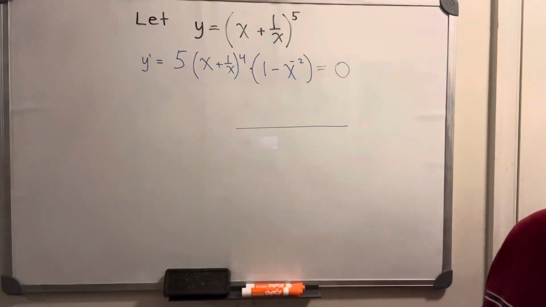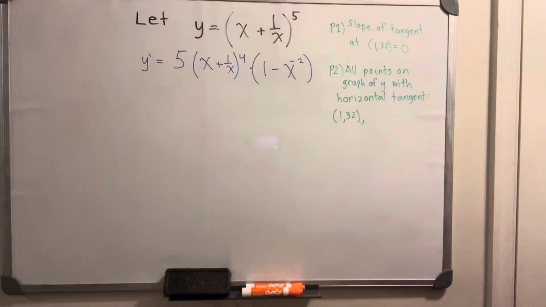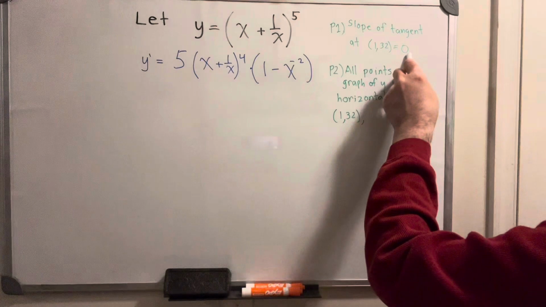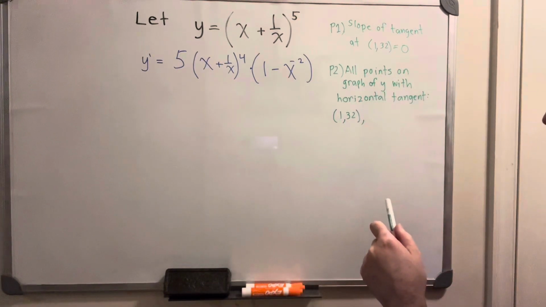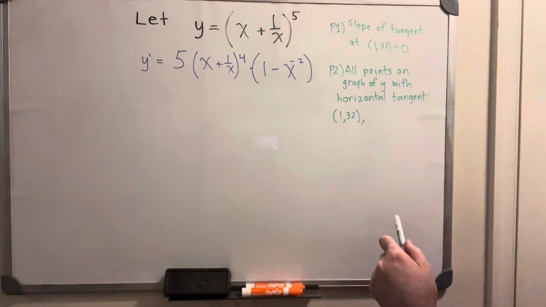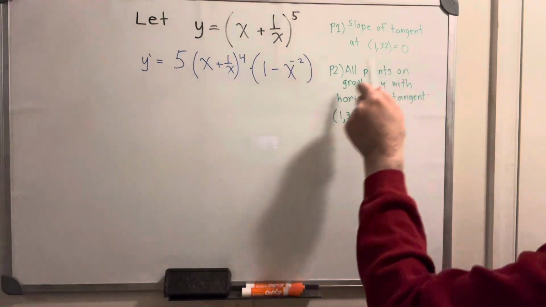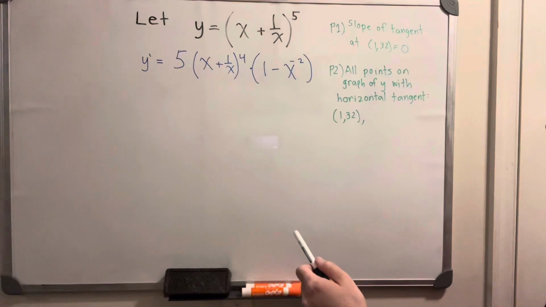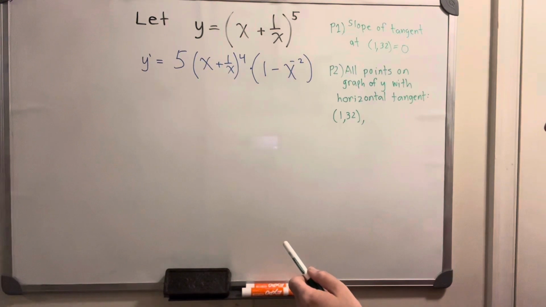Now let's remember what part 2 asks for. We want to know all the points on the graph of y with horizontal tangent. We found one of them actually with part 1. We found that at 1, 32 the tangent is horizontal because the value is 0. So let's look at this function and say what values of x can make this function be 0.